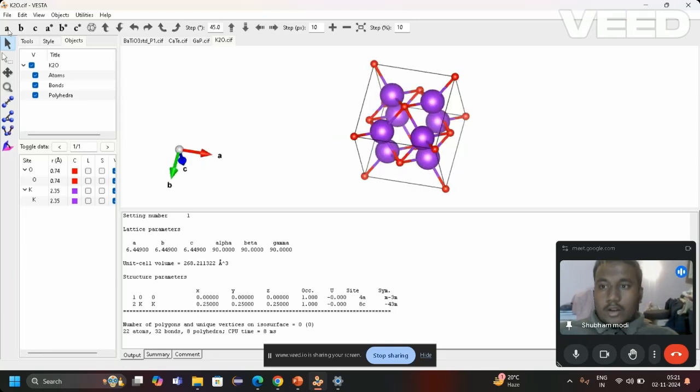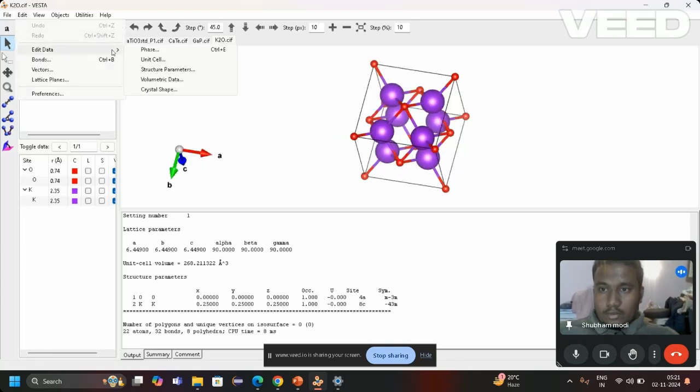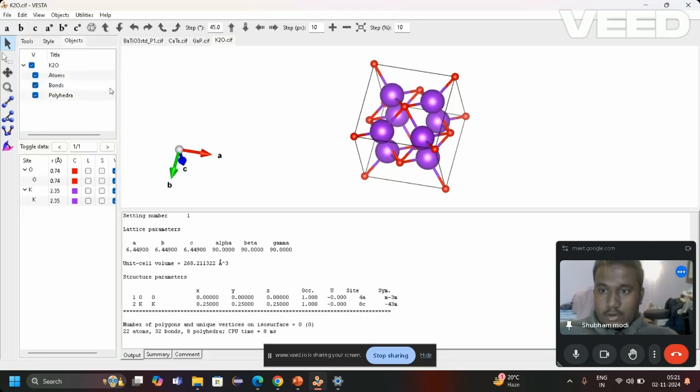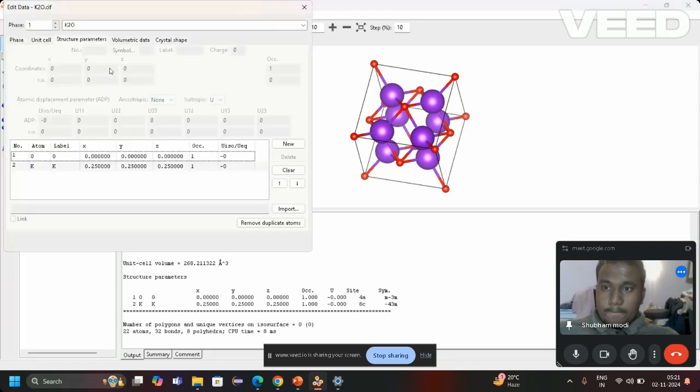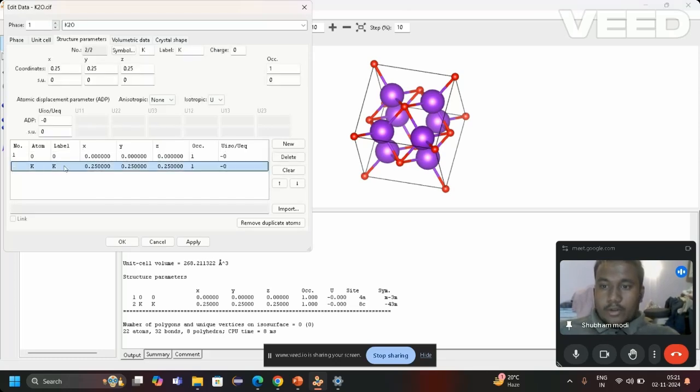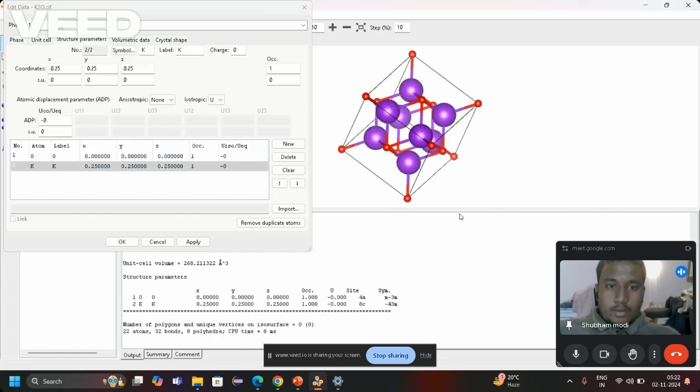So here the lattice parameters are set as given. As potassium occupies the tetrahedral points, it is at 0.25, 0.25, 0.25, and oxygen occupies the FCC. That's why the shape is given here.